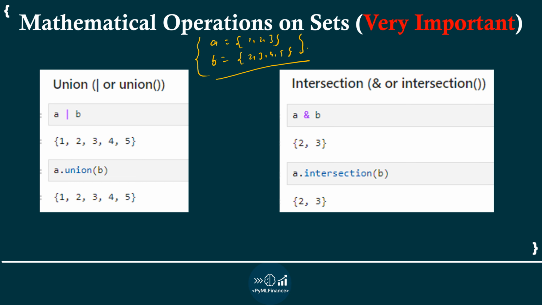You can use either this symbol or the dot union method, and Python will calculate the union of both the sets. Similarly, you can use ampersand to calculate intersection, or dot intersection. So you provide the second set within the method. Same with union and same with intersection, and same with any other methods or any other mathematical operations on sets.